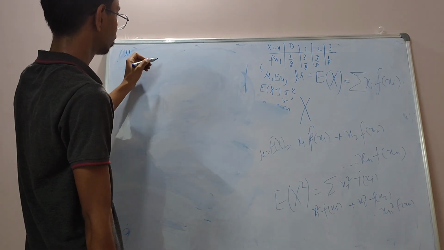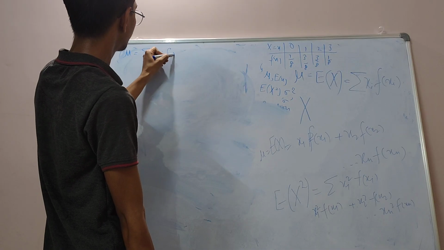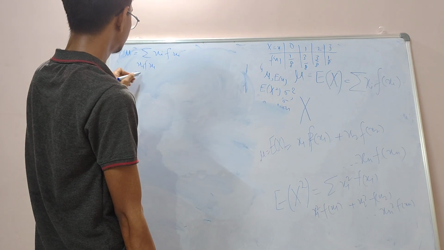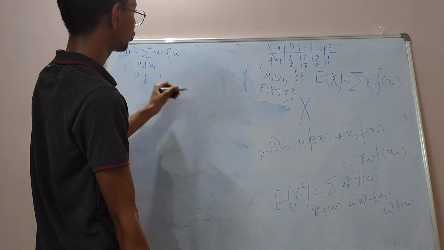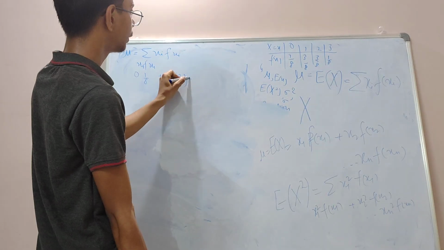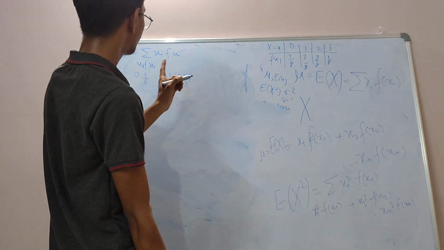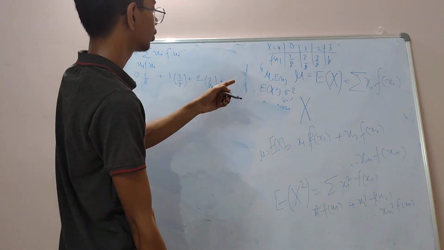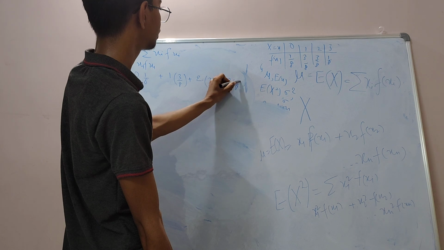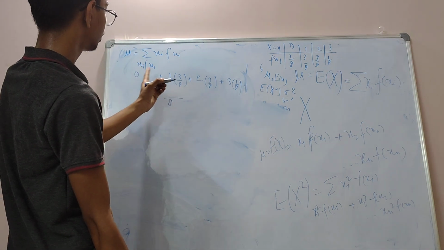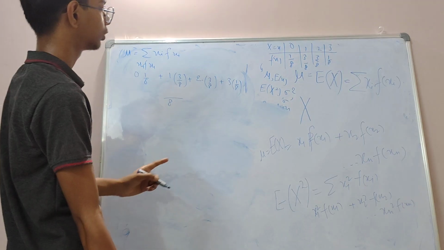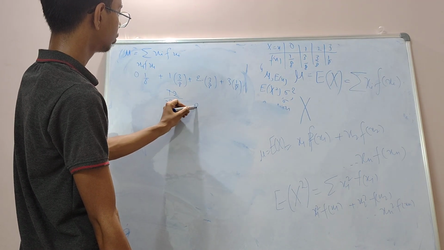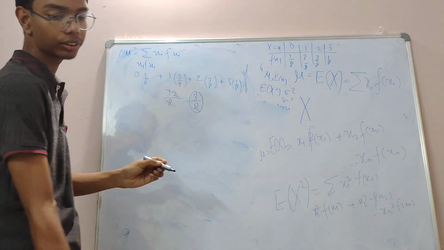It will be the summation of xi f(xi), which is x1 f(x1), that is 0 into 1 by 8, plus x2 f(x2), that is 1 into 3 by 8, plus x3 f(x3), that is 2 into 3 by 8, and x4 f(x4), that is 3 into 1 by 8. Over 8, this is 3 plus 6 plus 3, which is 12, and 12 by 8 is 3 by 2, right?